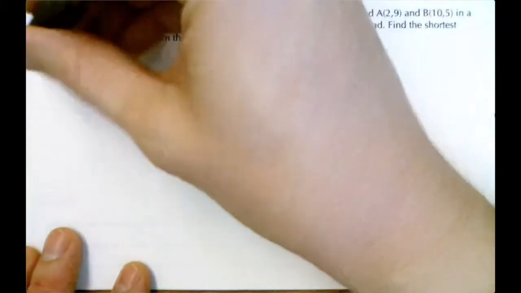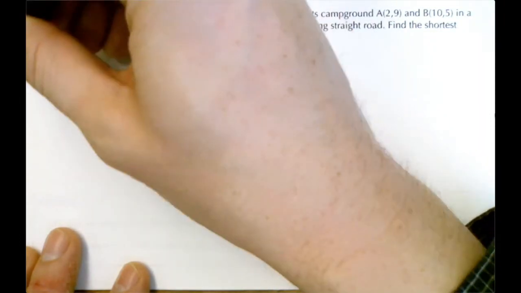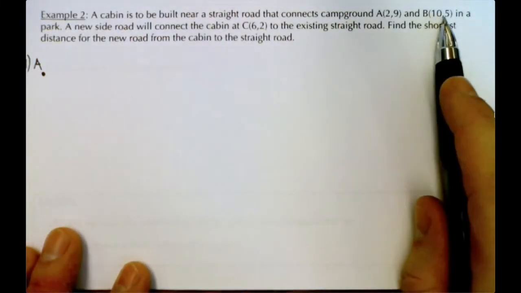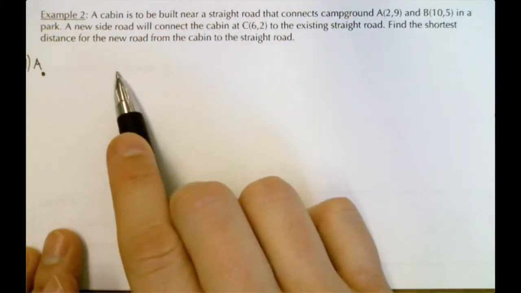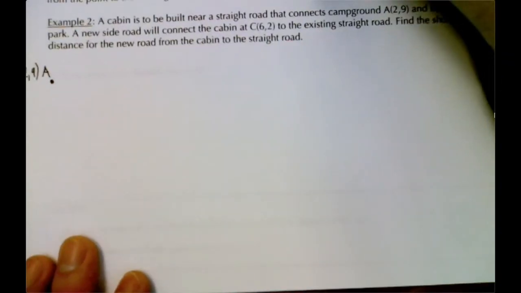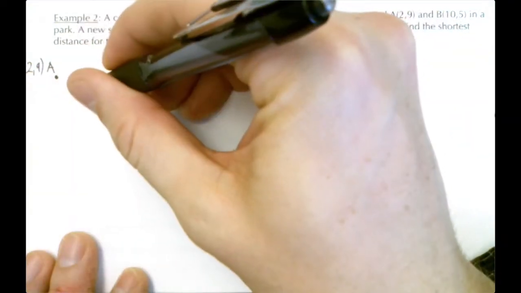I'm going to start just by putting A up in this corner. A is 2, 9. Our next point's 10, 5. That's further to the right and down. Put that right here.